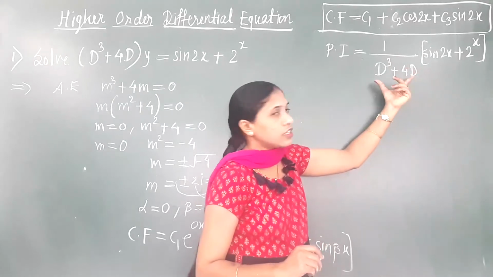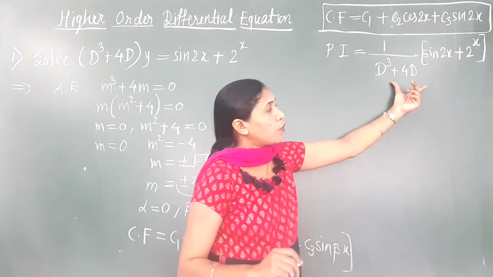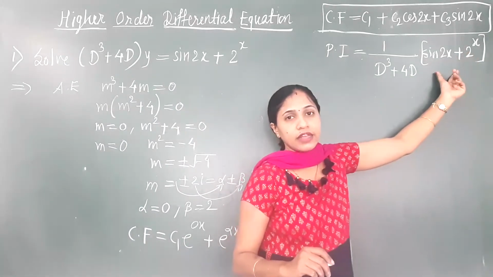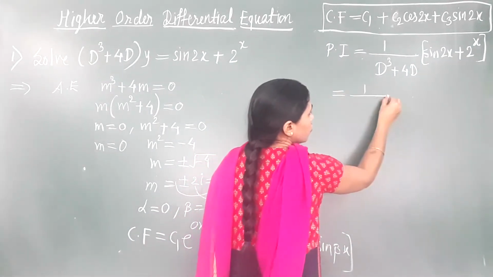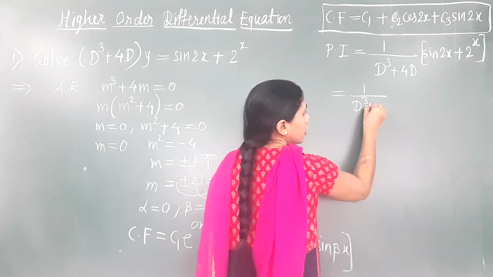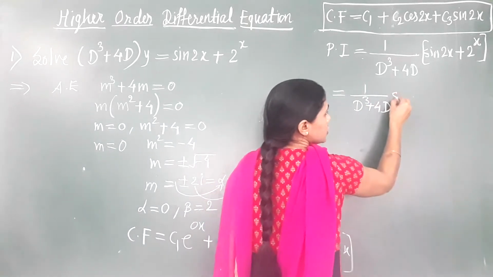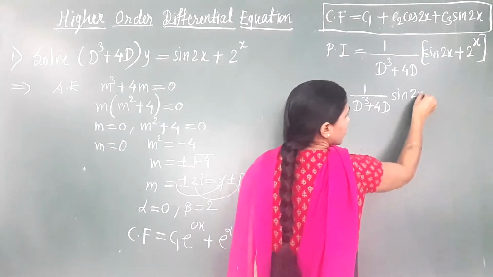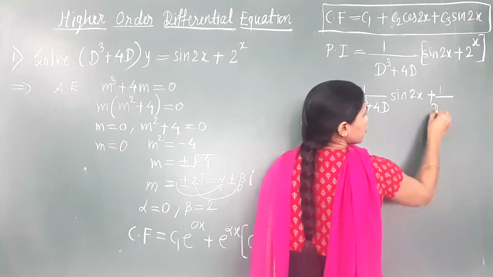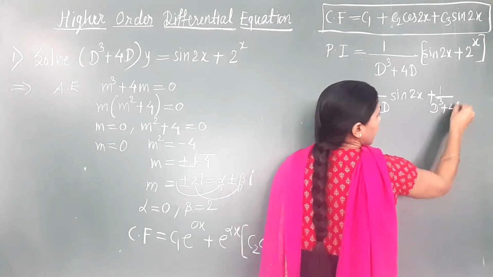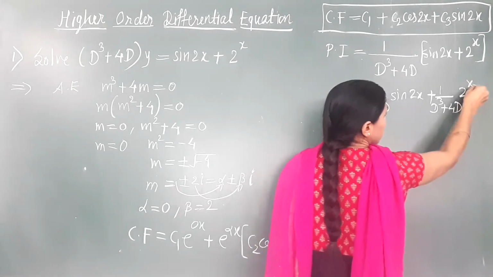So we have to divide this D cube plus 4D into two parts, for sin 2x as well as 2 to the power x. So we can write it as 1 upon D cube plus 4D multiplied by sin 2x, plus 1 upon D cube plus 4D multiplied by 2 to the power x.